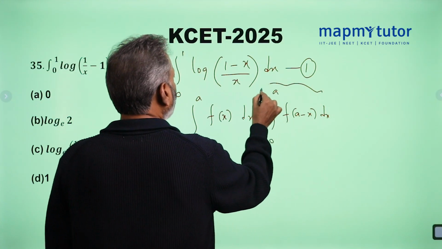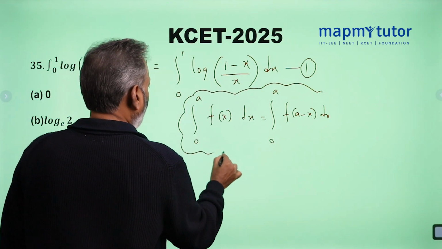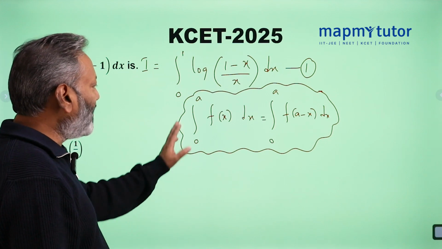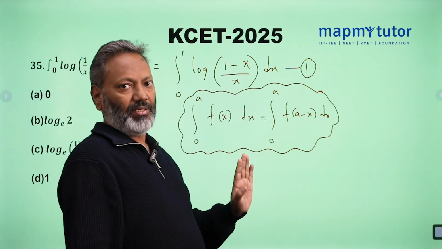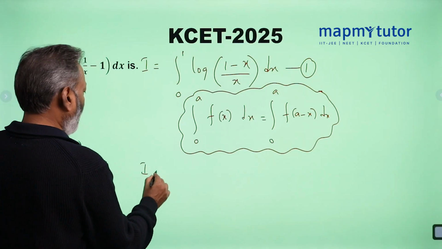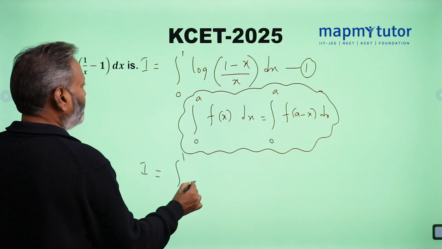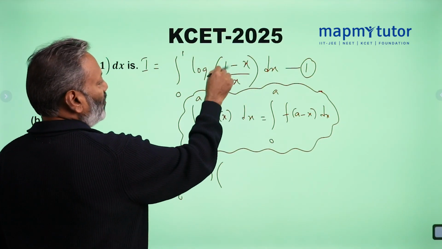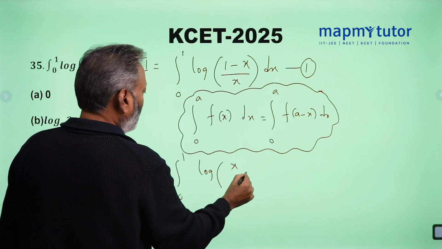You can replace the variable x with a minus x. Even then, the value won't change. Okay? But the limit should be 0 to a. Accordingly, here if I apply, a is 1. So, log of, the x is to be replaced with 1 minus x. What is 1 minus of 1 minus x? x only.